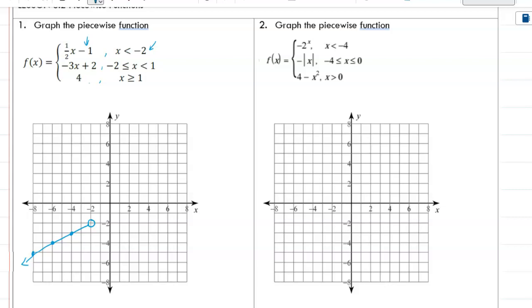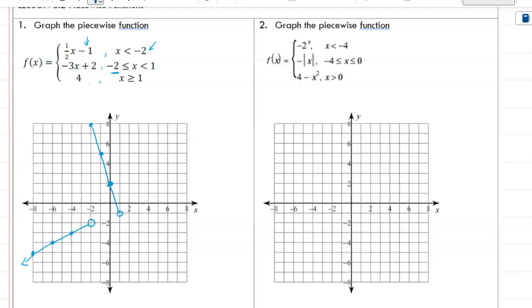And then the next one starts at 2. And it goes down 3. 1, 2, 3. And to the right 1. But I also have to see what happens at -2. So up 1, 1, 2, 3. And here we have an open circle right here at 1.